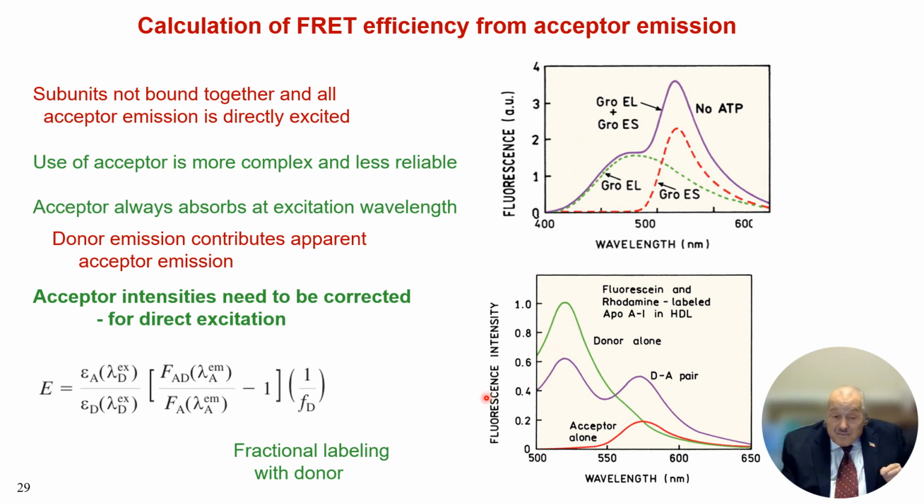So this correction factor is expressed in this equation, which has the extinction coefficients of the donor and the acceptor at the excitation wavelength, and the fractional amount of labeling. It'd be difficult to derive in this setting, but this is always a problem if you have incomplete labeling.